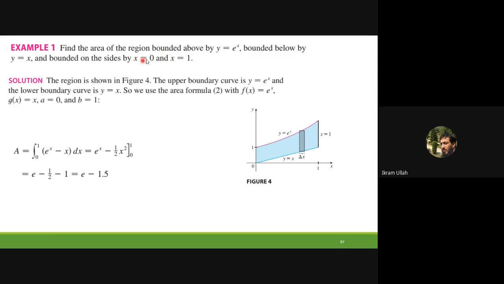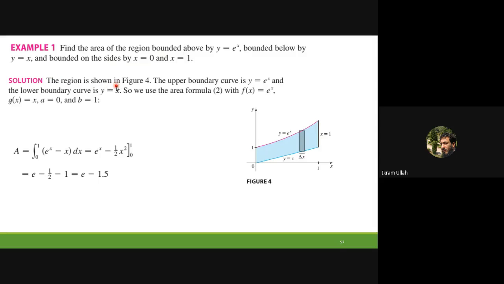So this is the equation of a vertical line, x is equal to 0 is this line, and x is equal to 1 is this line, and y is equal to x is a straight line, and the graph of y is equal to e to power x is this one, which is exponential behavior.